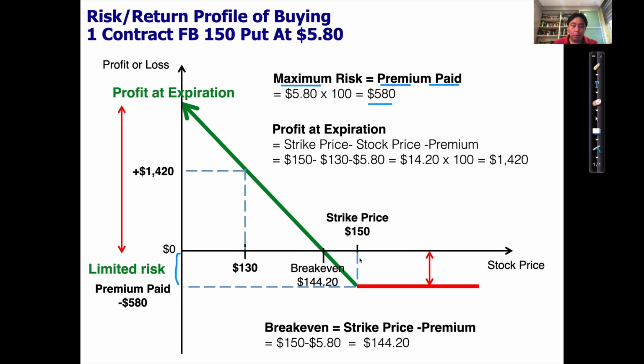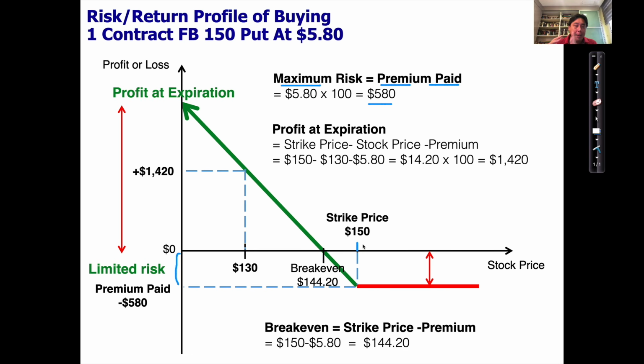If the stock price remains at 150, or if the stock price goes up, then the put option becomes worthless. At expiration, you lose the maximum of $5.80. That's if you hold it to expiration. And as I mentioned earlier, in trading options, we don't allow it to expire worthless. We will tend to get out before expiration, so we don't lose the maximum. But the max in this case again is $5.80.